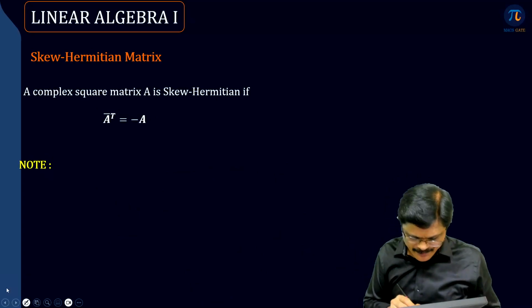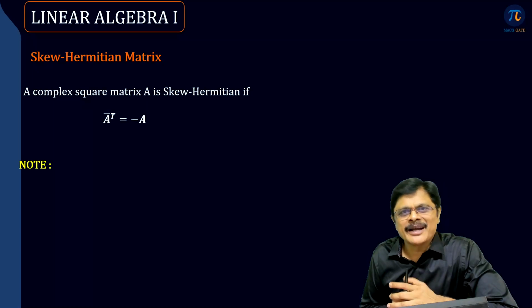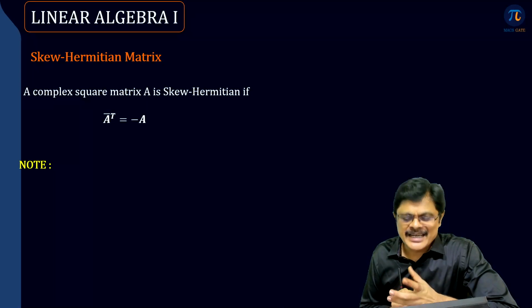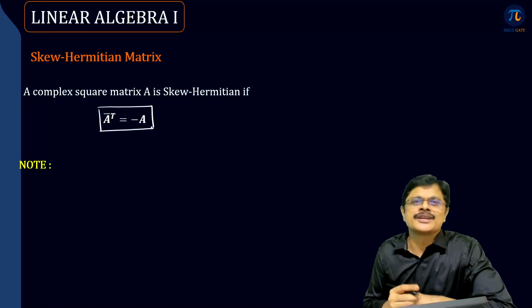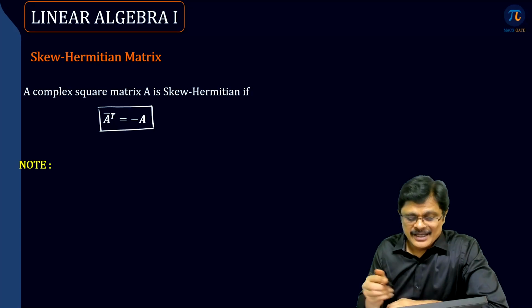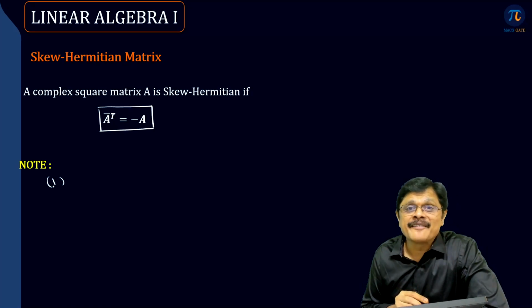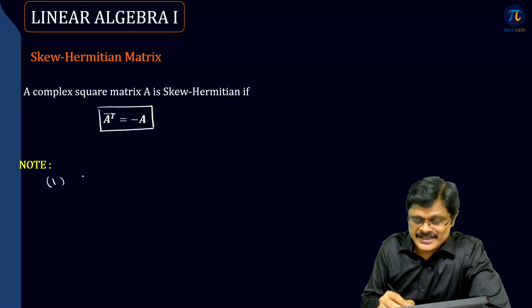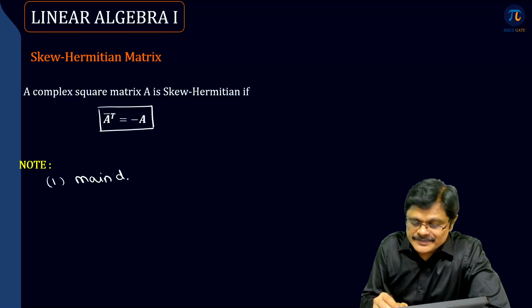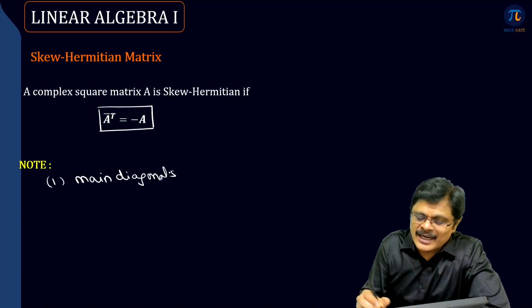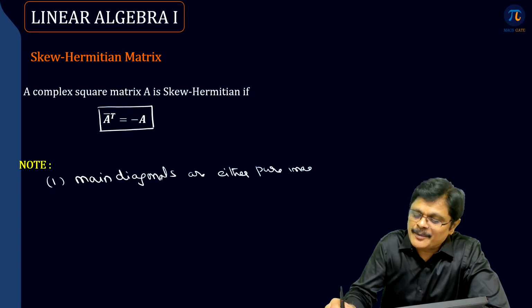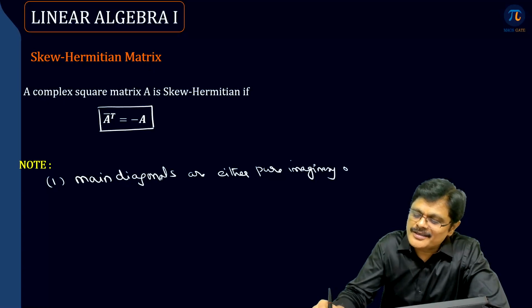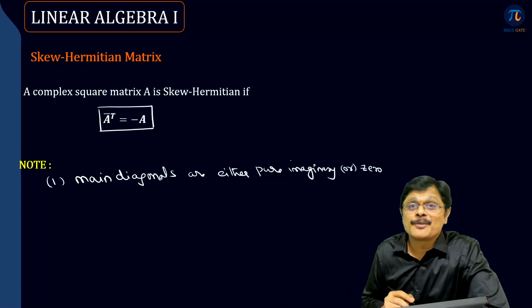What about a skew Hermitian matrix? A skew Hermitian matrix is a complex matrix satisfying the following condition. The conjugate transpose of the matrix is minus the matrix. See, there are two conditions with which you can easily identify a skew Hermitian matrix. The first one is about the main diagonal: the entries are either purely imaginary or zero.